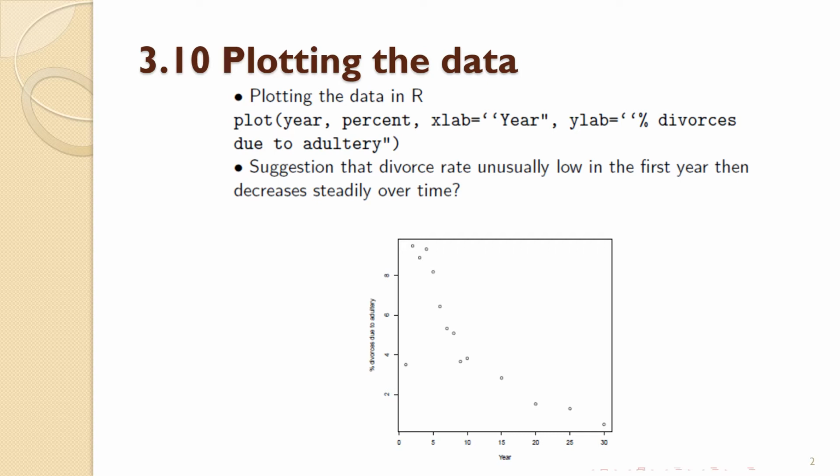I suspect the first observation is artificially low, probably caused by some sort of legal reasons, and then after the first year this divorce rate steadily decreases over time. It's a slightly dodgy example, but there's some suggestion here that if you're not careful, you can make some interpretation mistakes.